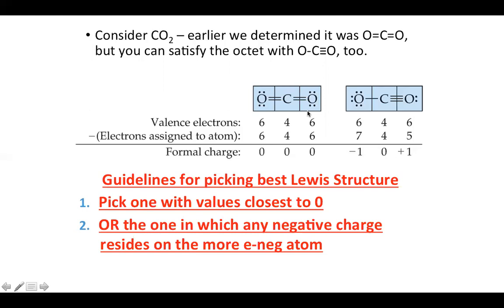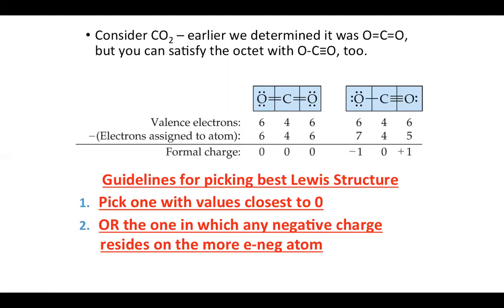And then if that's not possible, if regardless of how you're drawing your Lewis structures, the only way you can satisfy the octet is to have a formal charge or formal charges on one or more of the atoms, then you're going to want to pick the structure that would give the negative charge to the more electronegative atom.